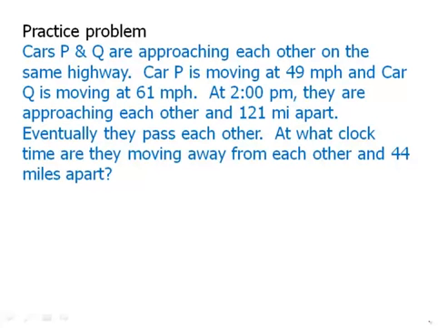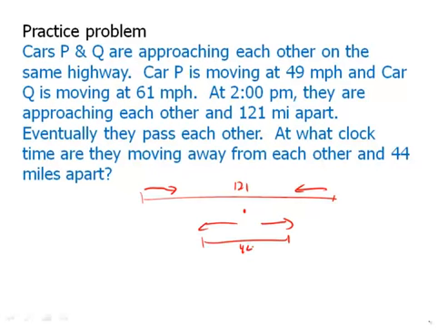So this is interesting. They're starting out approaching each other, and they're 121 miles apart. Then they meet each other, then they pass each other, and at the end, they're 44 miles apart. We could treat that as 2 different legs, but here's the real slick thing about this question.